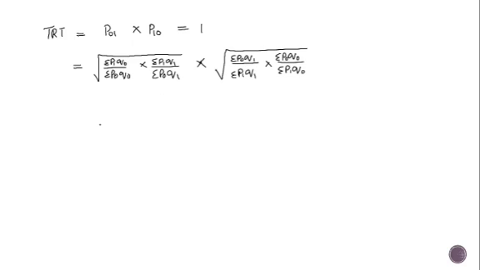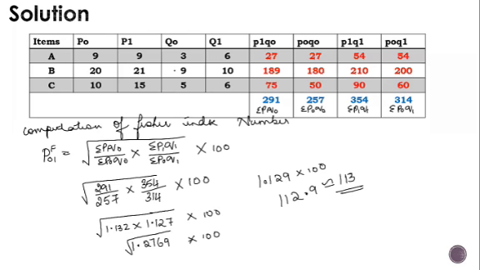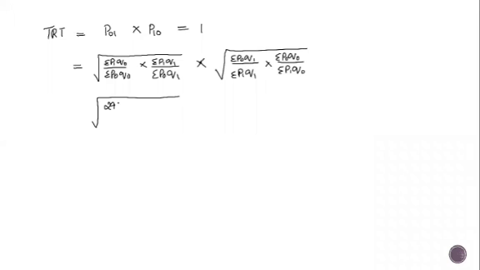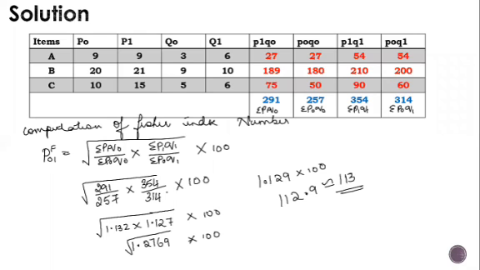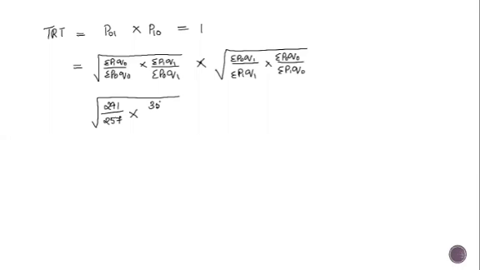So you have already done this. 291 divided by 257 into 354 divided by 314, into square root of reverse of it, which will give you 314 divided by 354 into 257 divided by 291.